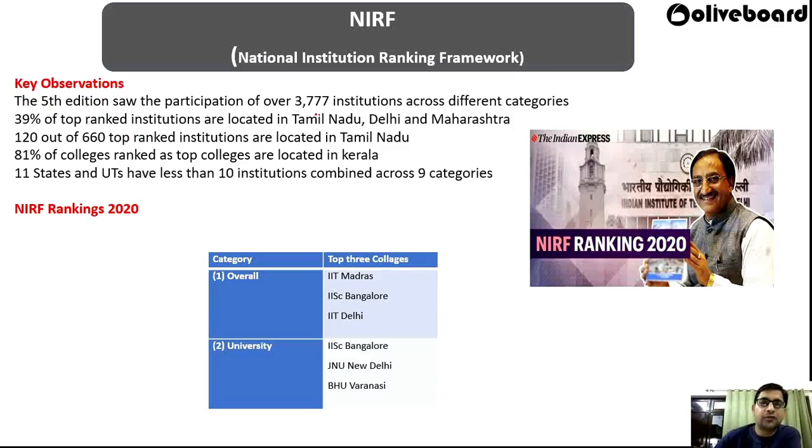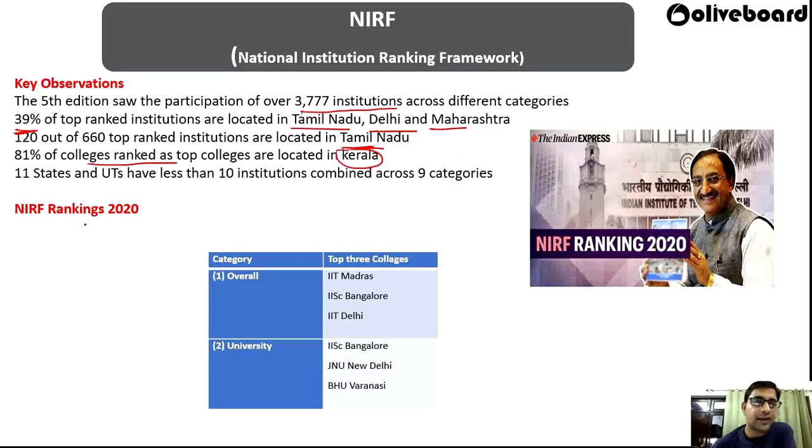The fifth edition saw participation of a total of 3,777 institutions across different categories. 39% of the top ranked institutions are located in Tamil Nadu, Delhi, Maharashtra. 120 out of 660 top ranked institutions are located in Tamil Nadu only. 81% of the top colleges are located in Kerala. 11 states and union territories have less than 10 institutions combined across 9 categories. So these are a few key observations under National Institute Ranking Framework.